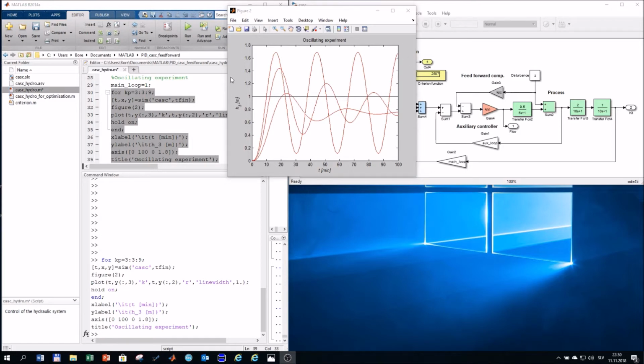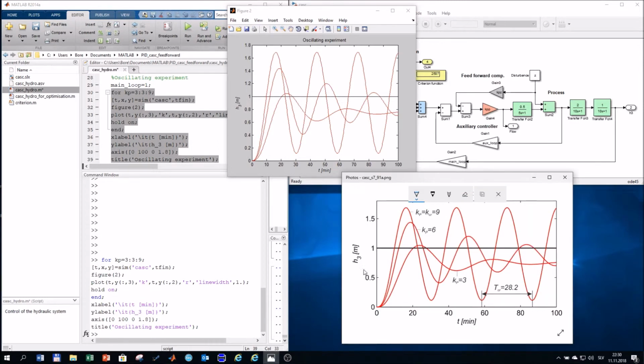From these responses, we calculate the following characteristic values. We notice that the critical gain is 9, because an increased number would cause unstable behavior. Then we must also determine the critical period.